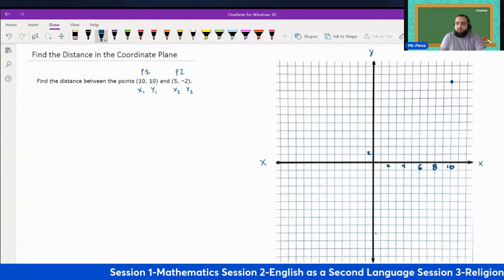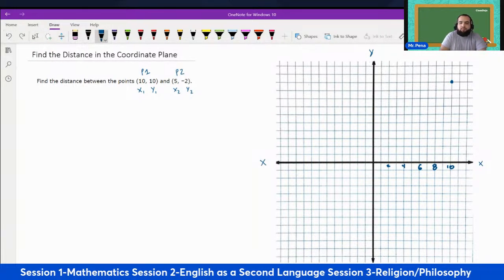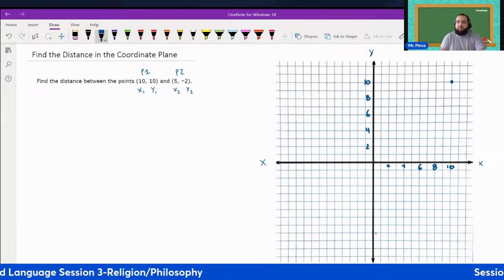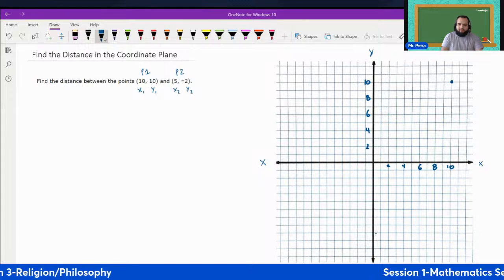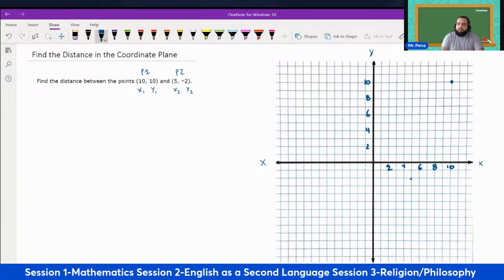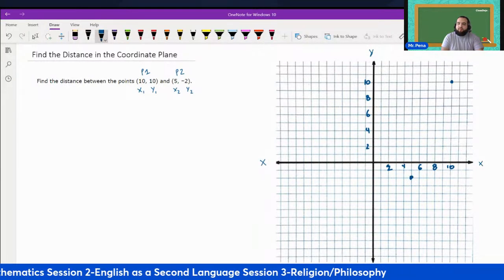We have 2, 4, 6, 8, 10. It's a match. And now we're going to plot 5 and -2. So 5 units to the right because it's positive, 2 units down because it's negative.